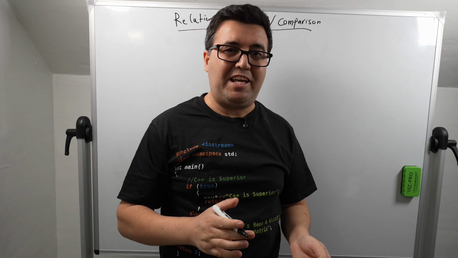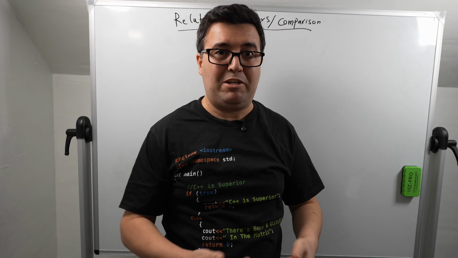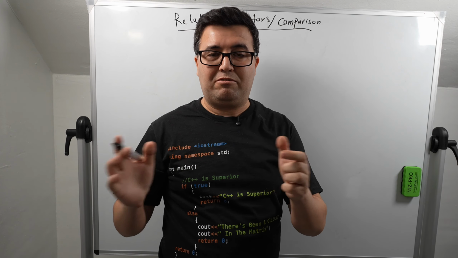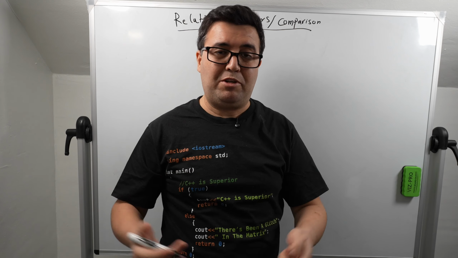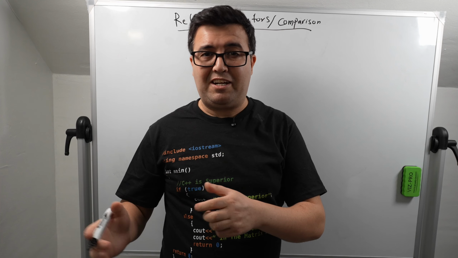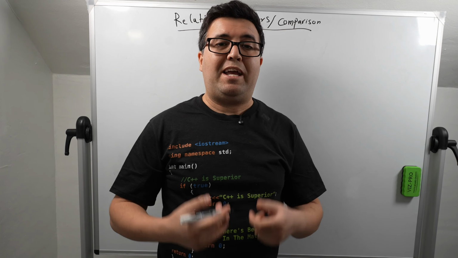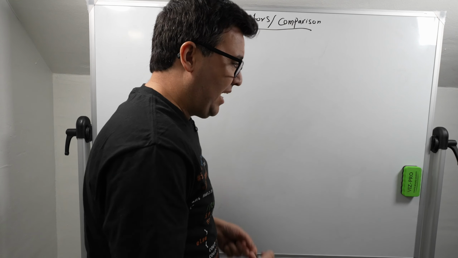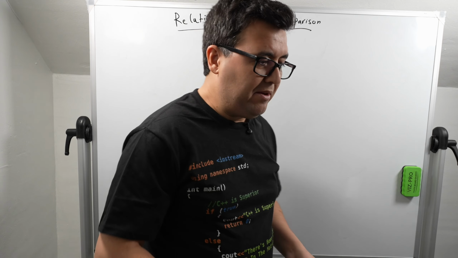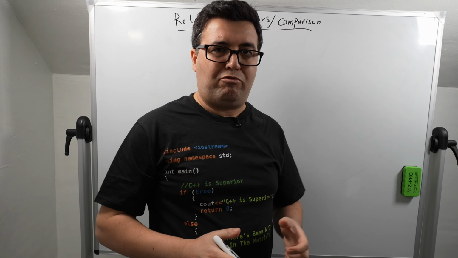Either one value is greater than another value, or one value is equal to another value, or one value is less than another value. So it compares two values together, and the result will be true or false.